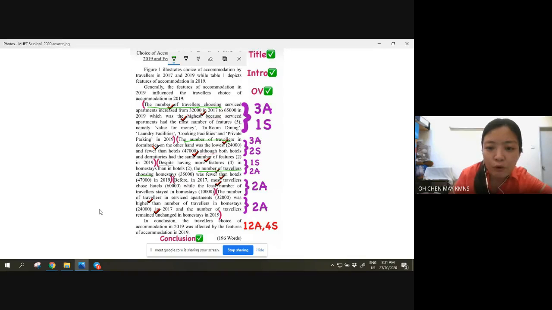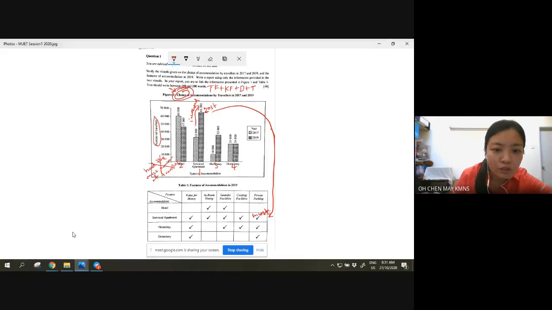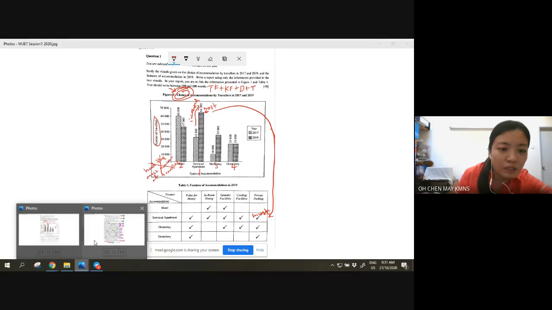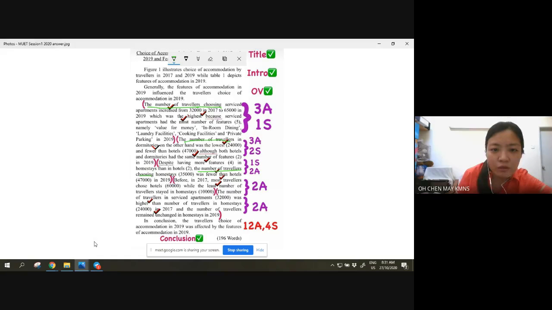Maximum 4 only, because in the question there are only 4 types of accommodation, so the most you can do is also only 4 synthesis. That's the maximum already. But it is very clear and very complete, and all the words are very accurate. You see over here, number of travelers, number of travelers, number of travelers choosing.